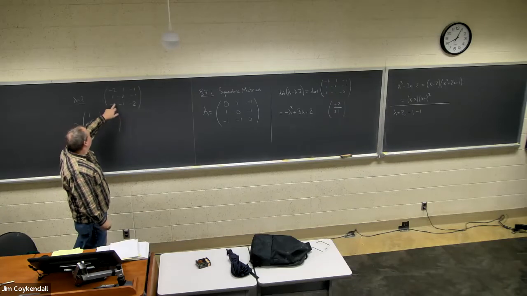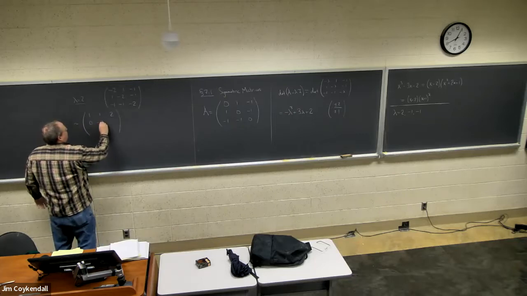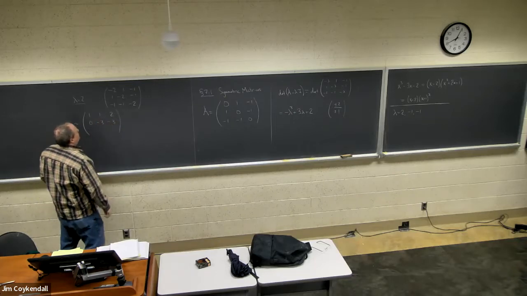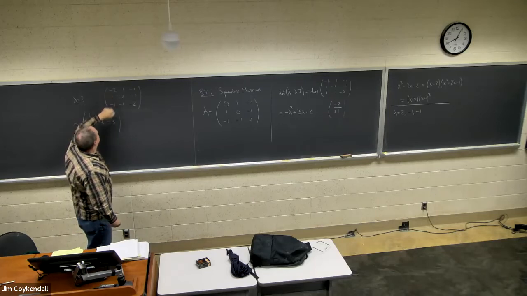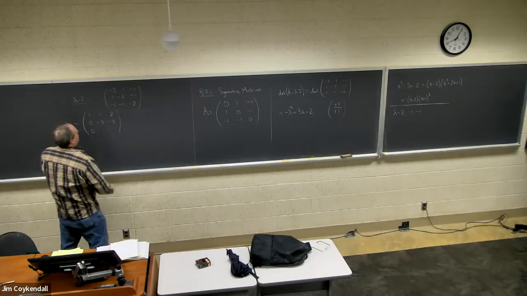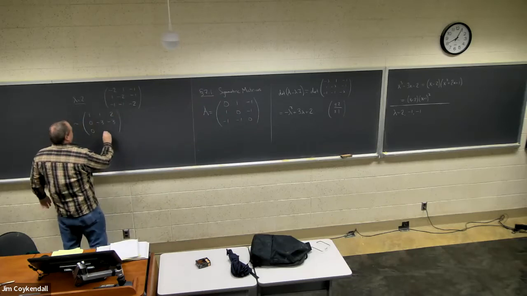Then I'm going to use this to take out the other one. If I add this to this, I get 0, -3, -3. And I'll multiply this by -2 and add to this, giving 0, 3.